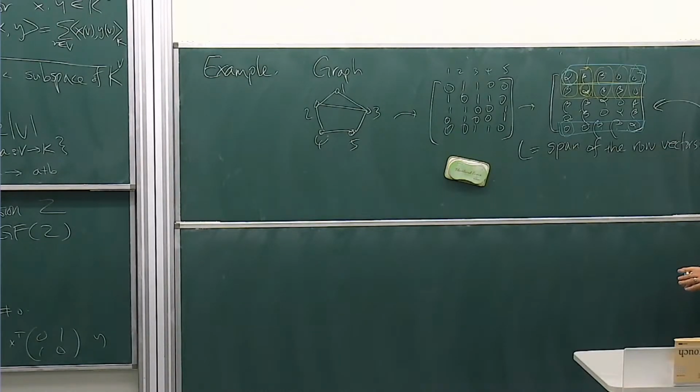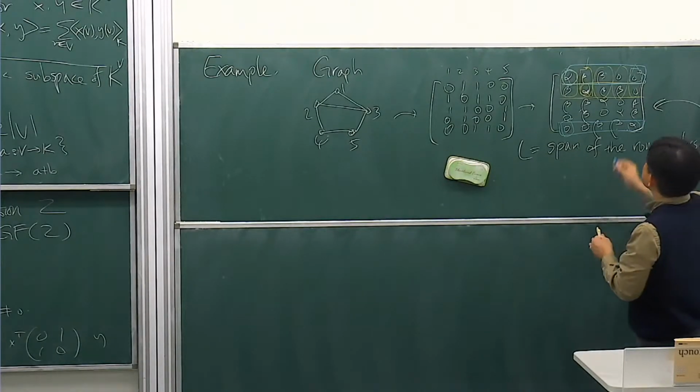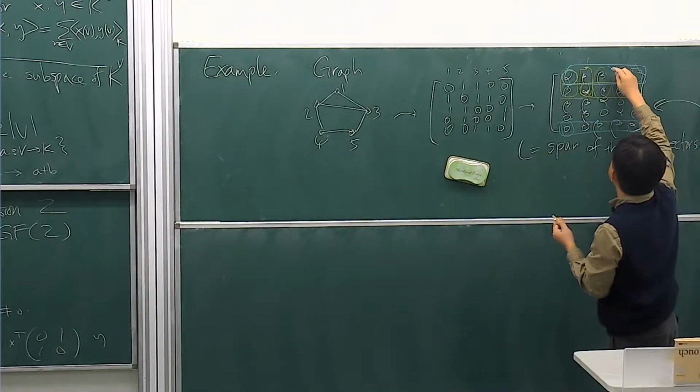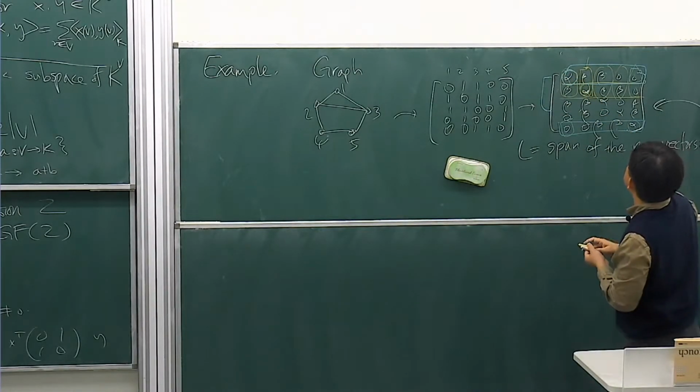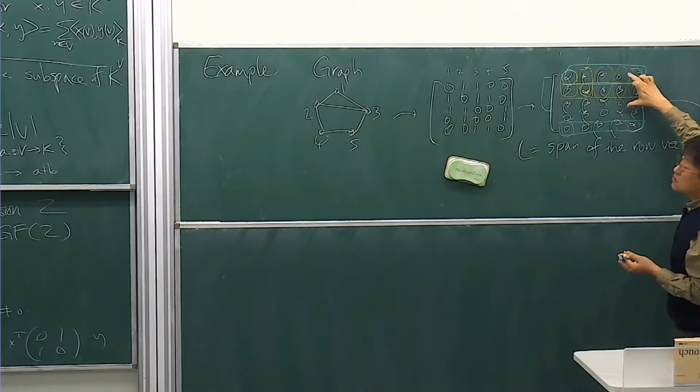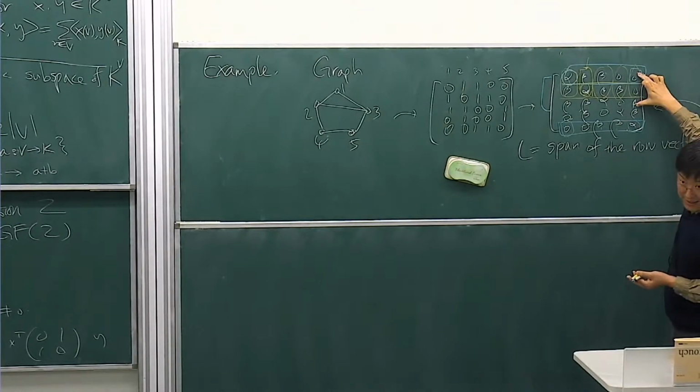Now, what about the dimensions? Why are they linearly independent? Well, when you try to add some linear combination of them, it's a binary vector space, so there are no coefficients, right? You just choose some subset and add them together. Let's say I choose, for example, the first 3 rows. Then these columns could be 0 or beta, right?